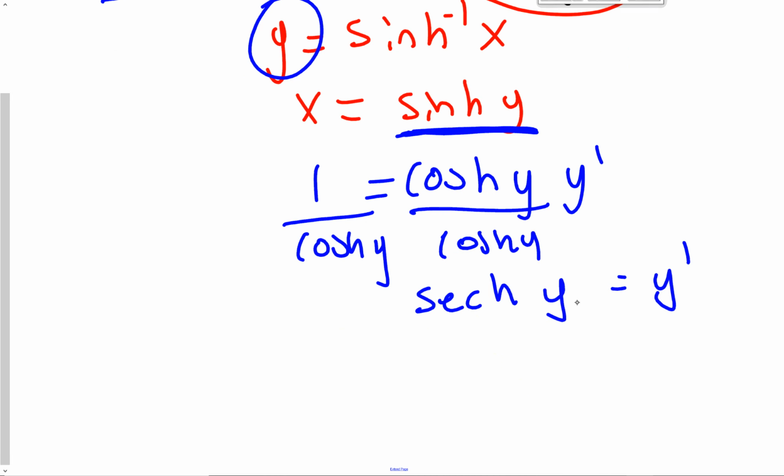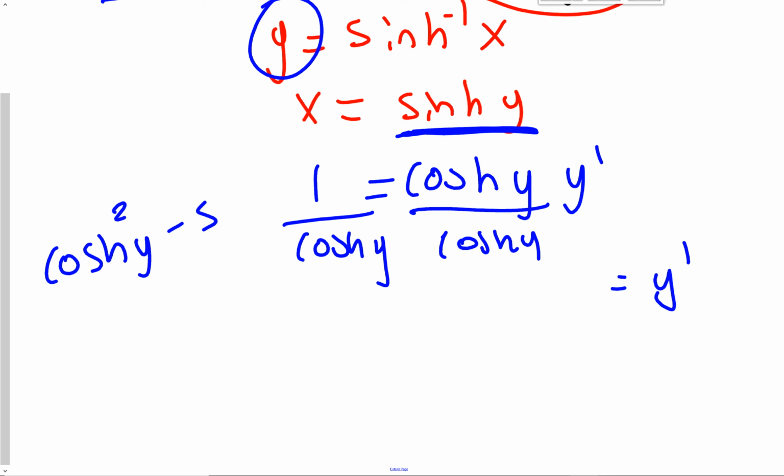No, don't want to do that yet. Let's leave it here. But I do know that this is true. This is squared minus this squared. That equals 1. So let's solve that.